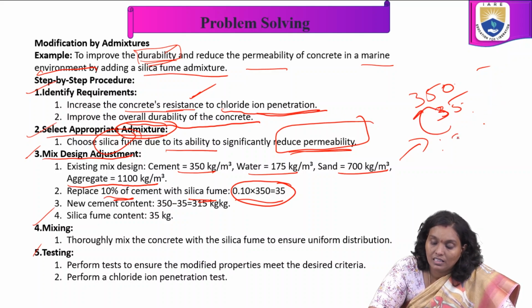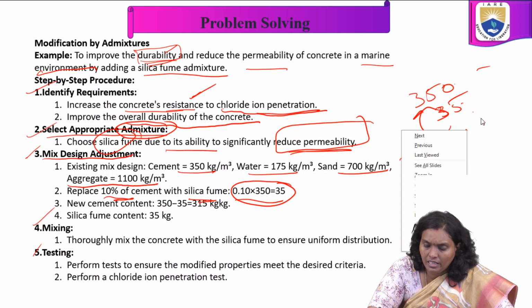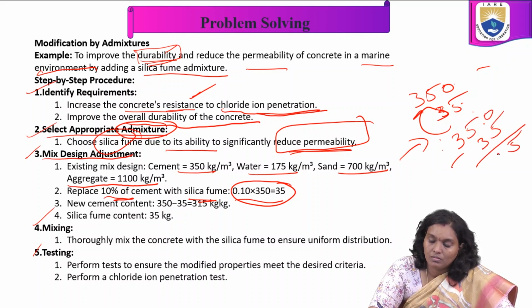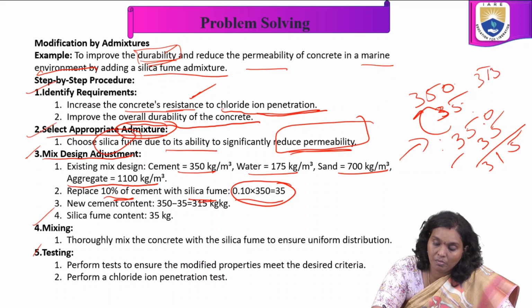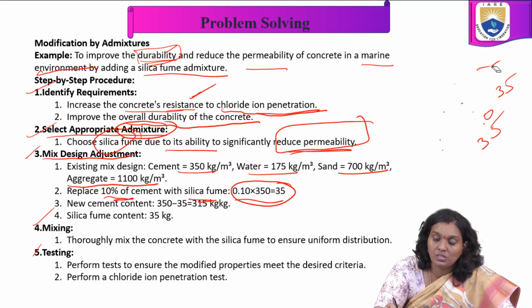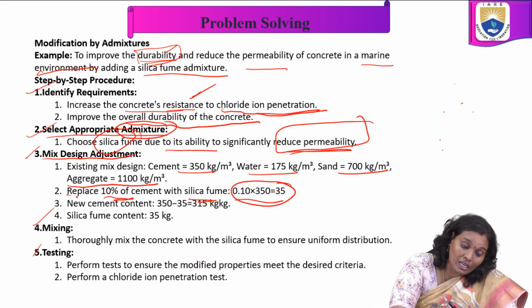So 350 minus 35 is 315 kg of cement, and 35 kg of silica fume we are going to choose for this adjusted mix design. We are going to replace.